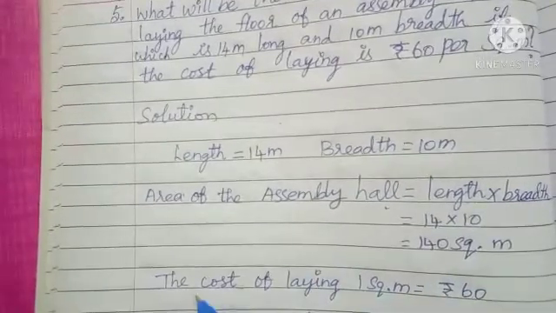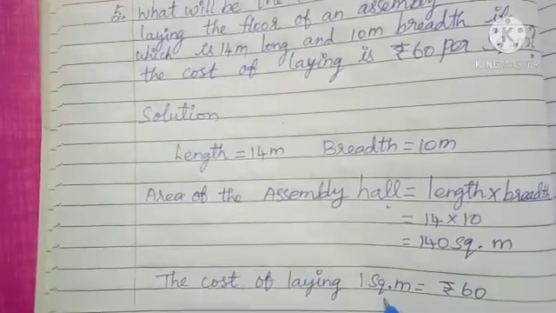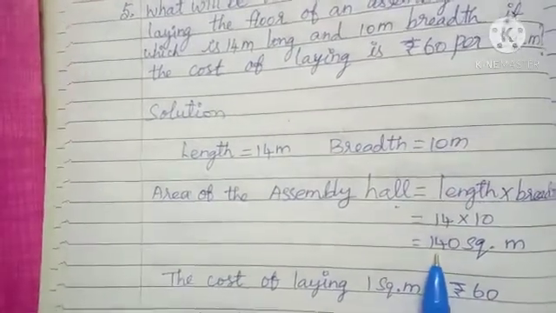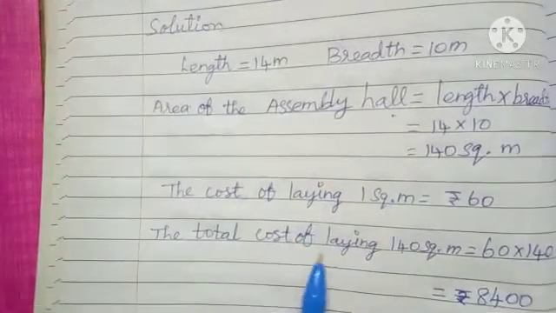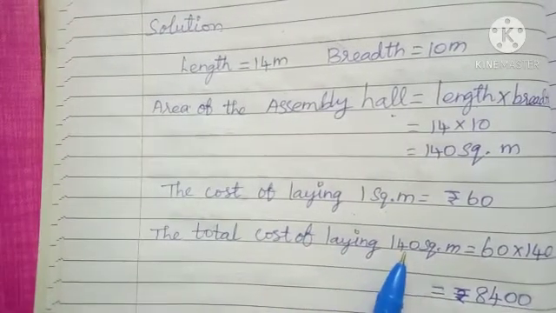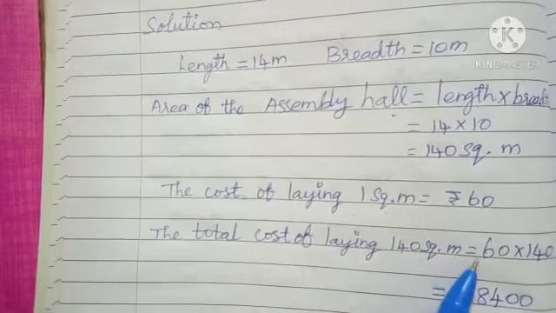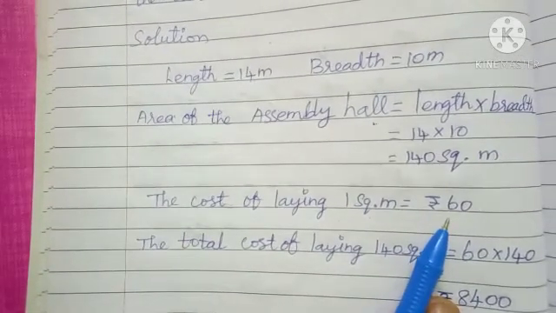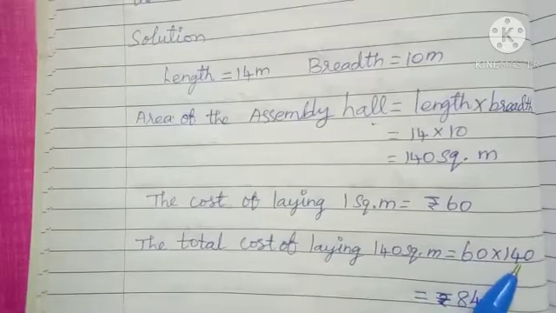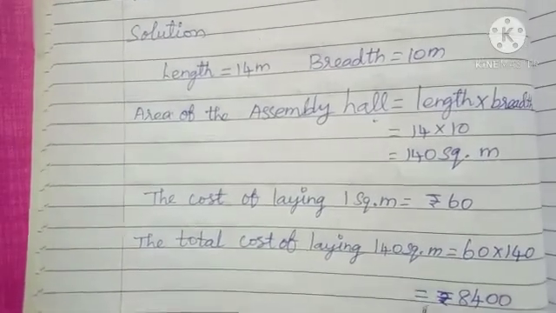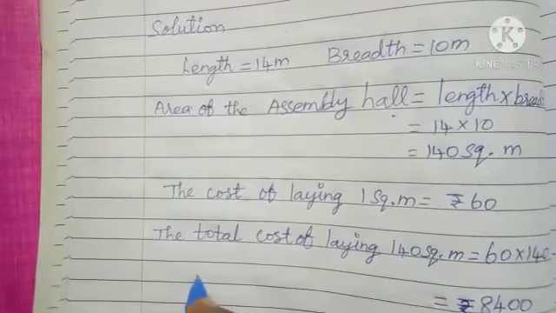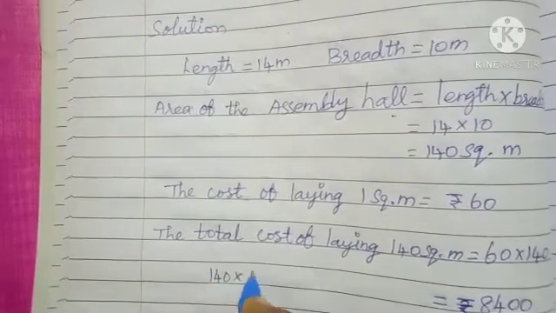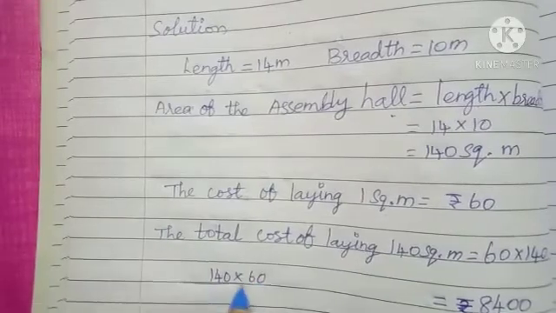The cost of laying 1 square meter is 60 rupees, but you have 140 square meter. So the total cost is 140 multiply 60. Already you learned the tables, how to do multiplication.